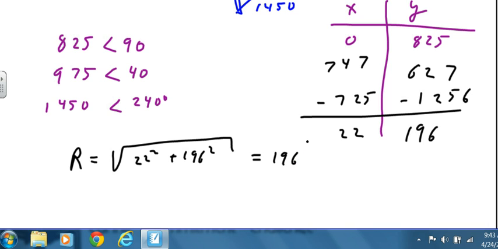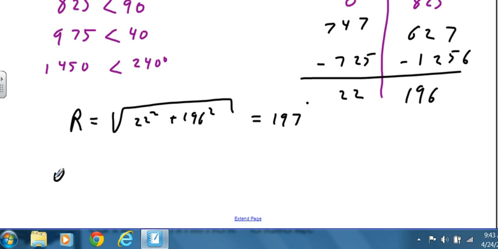No, 197. Lucky guess, 197. And then I see my answer is going to be a first quadrant answer, so that's a good thing. So theta is going to be the arctangent of the absolute value, which I really don't need, 196 divided by 22.